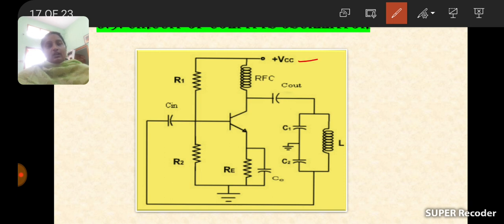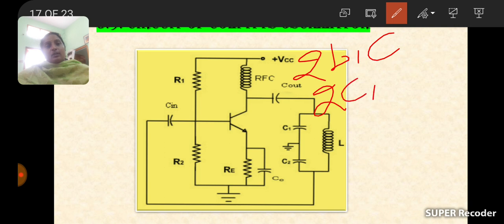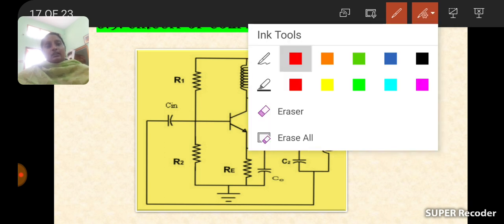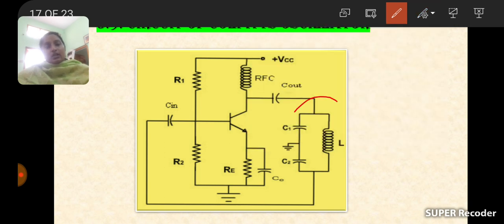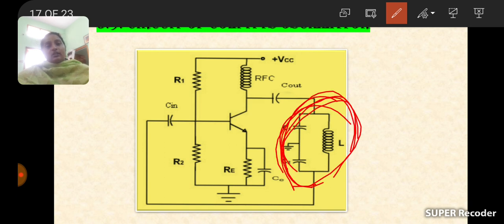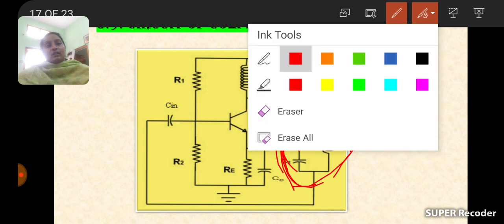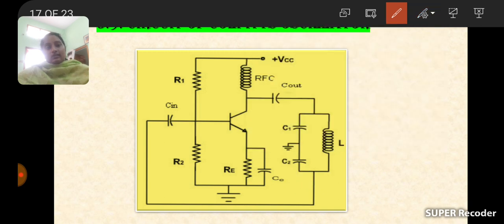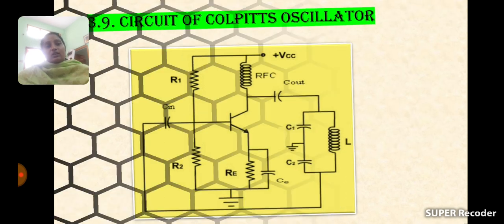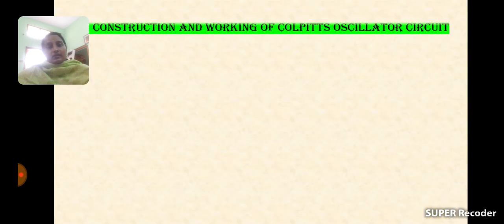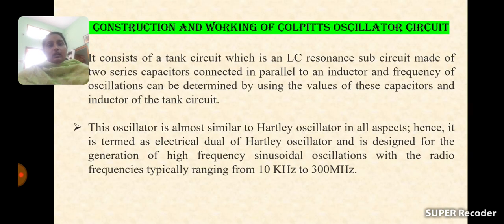In Hartley oscillators, there are two inductors and one capacitor, but here two capacitors and one inductor are there. If the circuit has two capacitors and one inductor in the tank circuit, then the circuit is called a Colpitts oscillator.